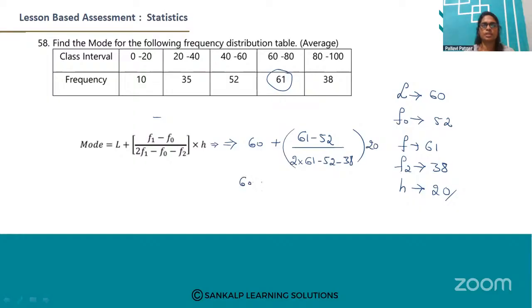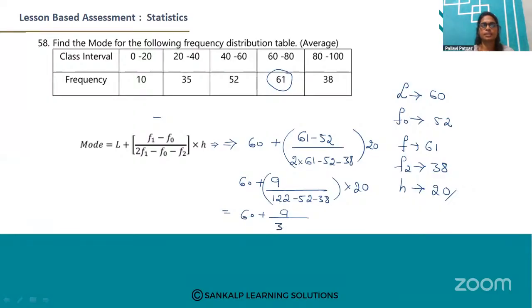So 60 plus 61 minus 52 is 9, divided by 61 into 2 is 122, minus 52 minus 38, into 20.